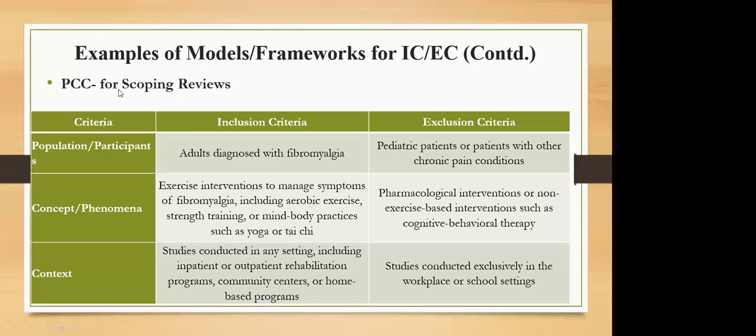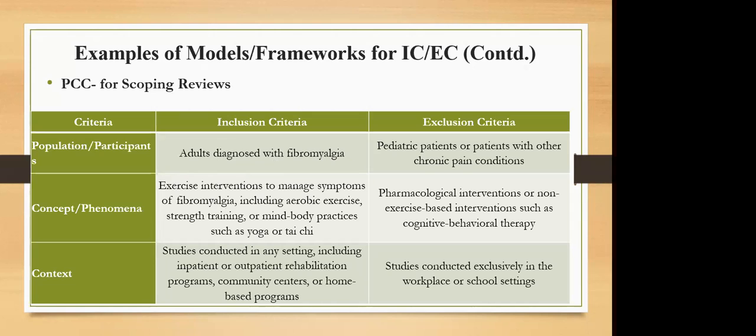Now, in this context, for our inclusion and exclusion criteria, maybe we have a research question on exercise interventions among adults diagnosed with fibromyalgia. For this particular health disorder, for you to conduct a scoping review, remember, a scoping review is a form of literature review where you try to map all available evidence.